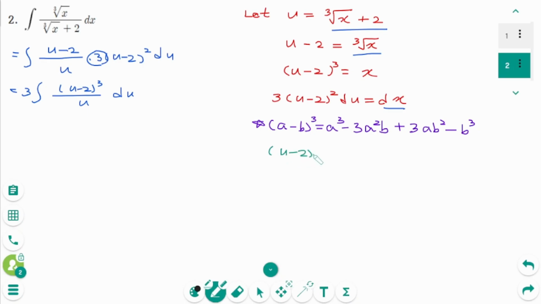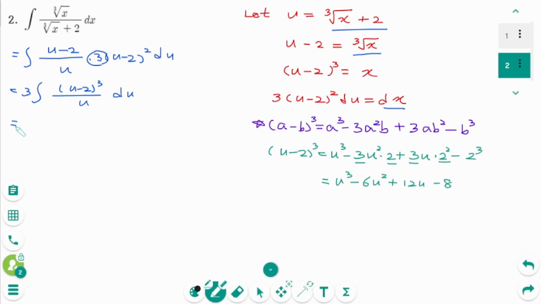Then u minus 2 cubed equals u cubed minus 3 times u squared times 2 plus 3 times u times 2 squared minus 2 cubed, equals u cubed minus 6u squared plus 12u minus 8.